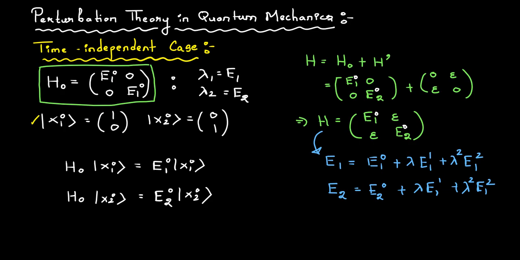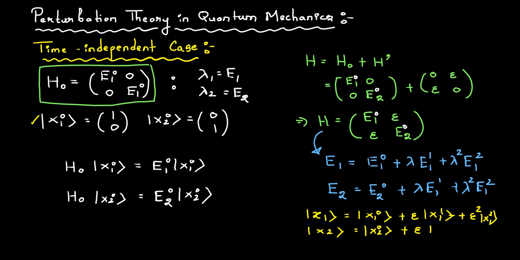Maybe the eigen states of this Hamiltonian, which is x1 state, maybe it is such that it is x1 0, which is the eigen state, and there will be some extra terms, maybe x1 1 plus second order term x1 2, and similarly we can write the same for x2, which is nothing but x2 0 plus some extra term.